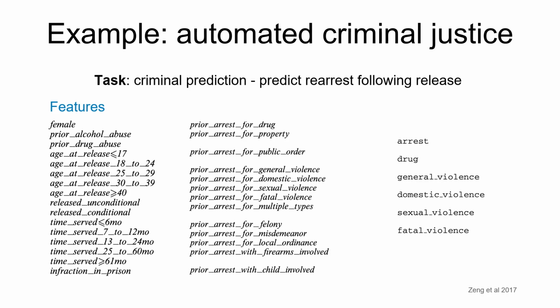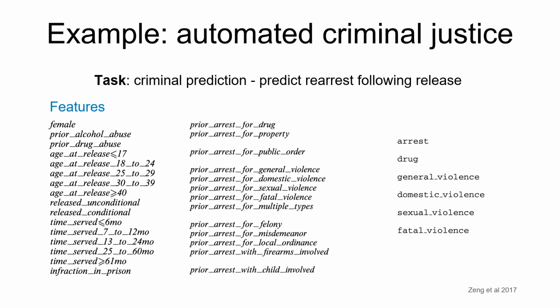Here, the goal is to predict the risk of rearrest following the release from prison, based on the criminal history of an inmate. In the first lecture, I told you that the US crime system uses a commercial black box algorithm for this. This algorithm takes as an input a large list of features, illustrated on the left here.